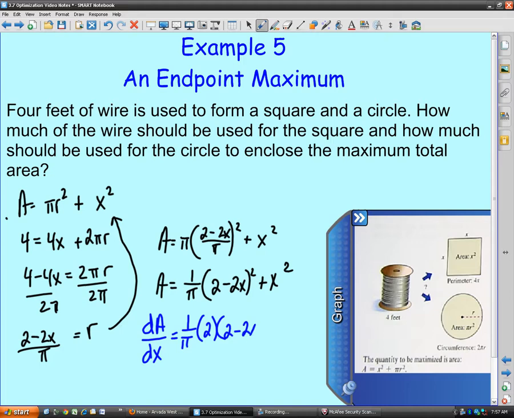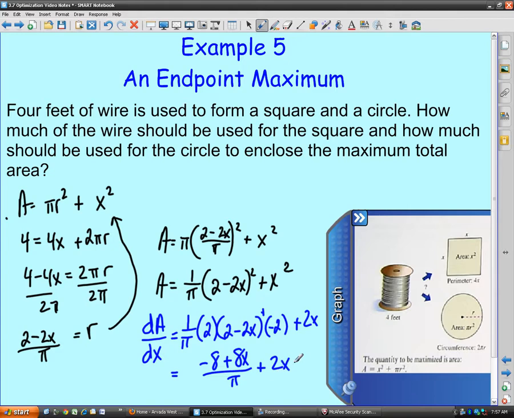So there is my differentiation. And with a little simplification, it comes out to be something like negative 8 plus 8x over pi plus 2x. There's my simplification. If I multiplied by pi, then I would have this all as 1 fraction, which might help us.